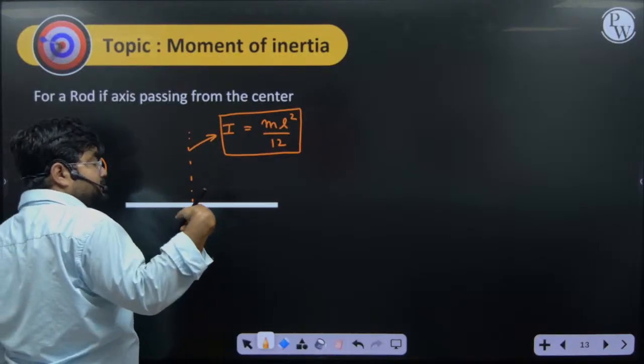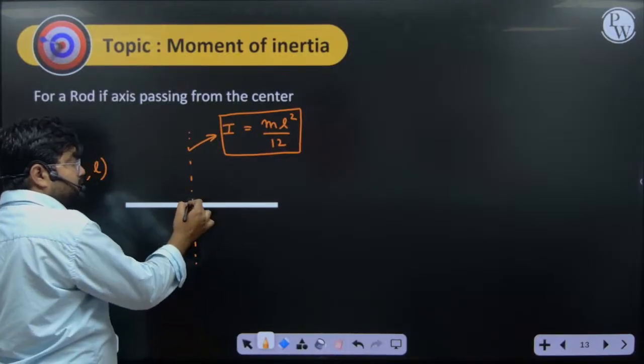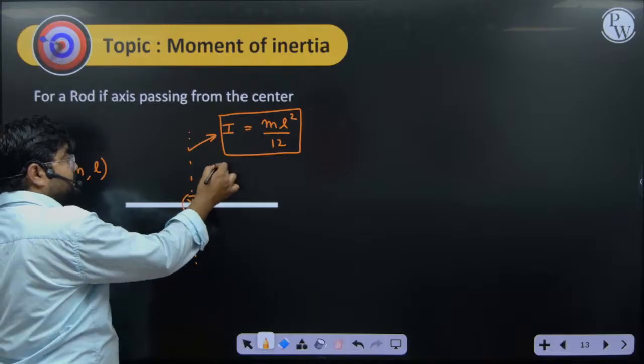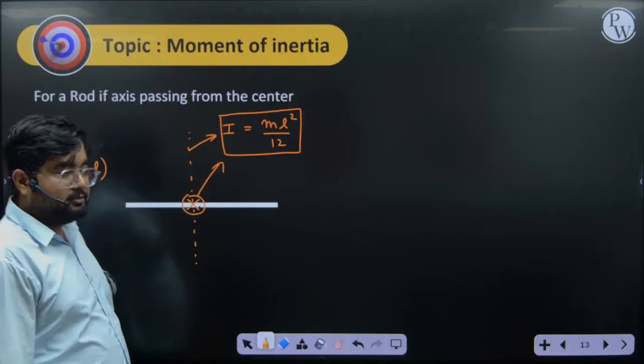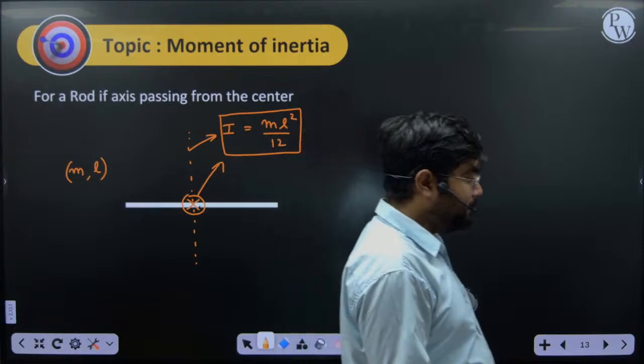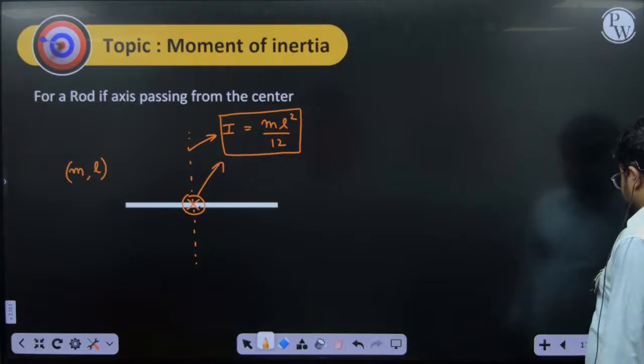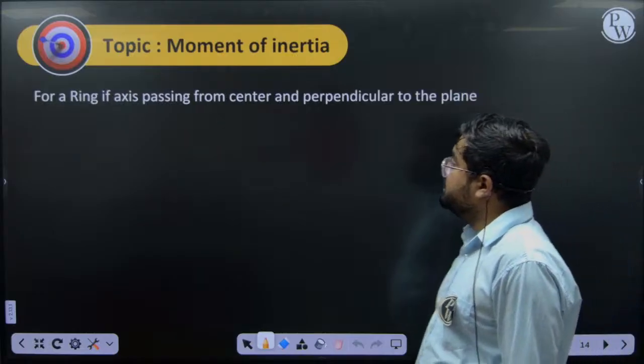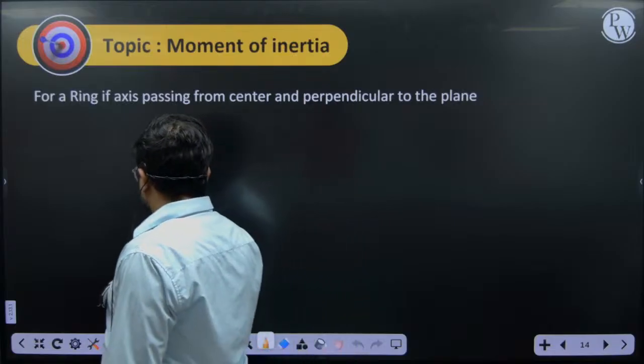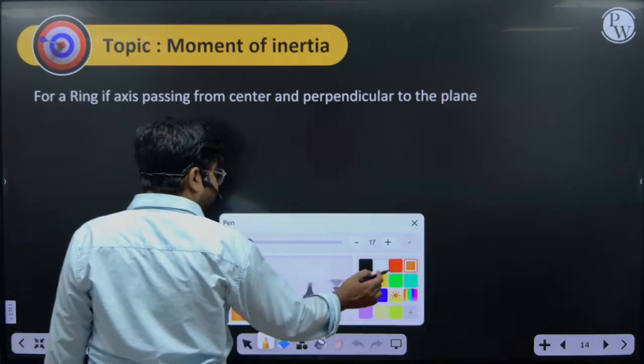Again, if the axis passes through the center into the board, it doesn't matter, it is still ml square by 12. Next, we have a ring.